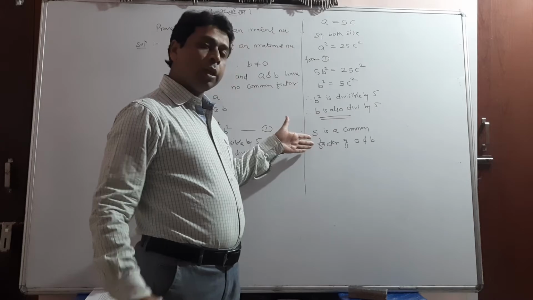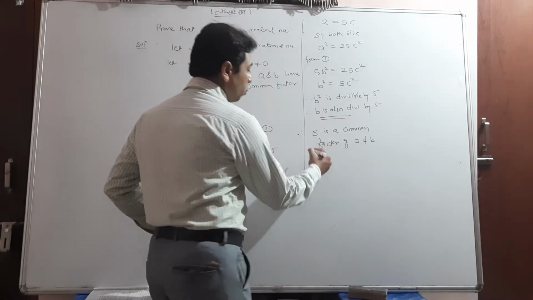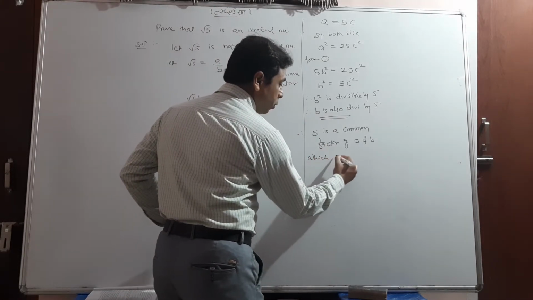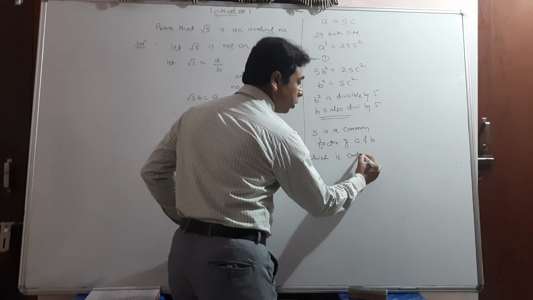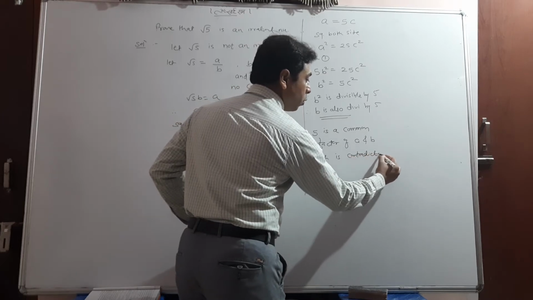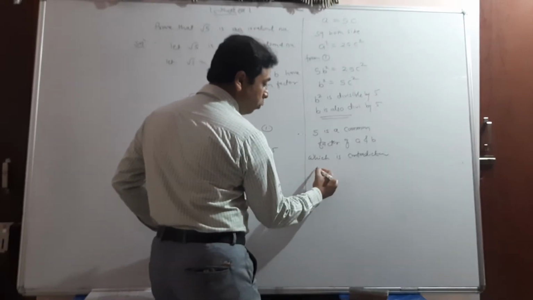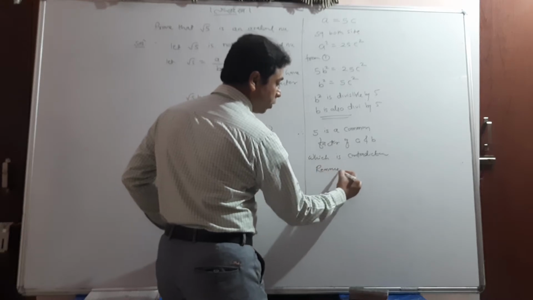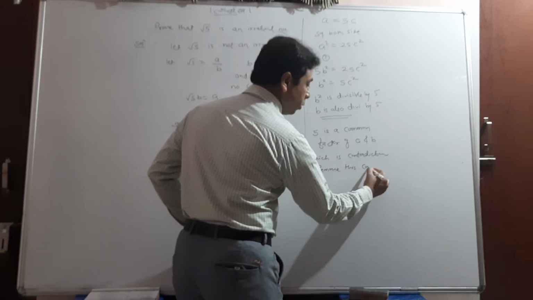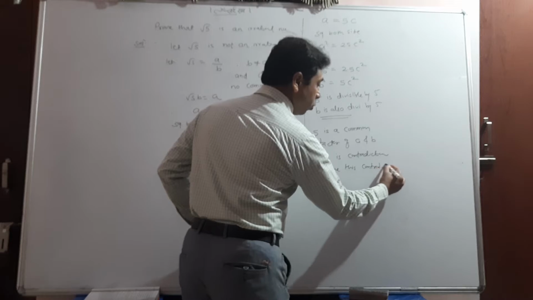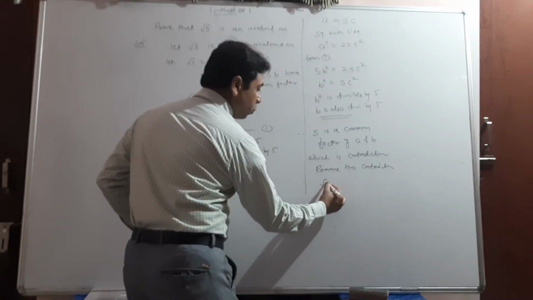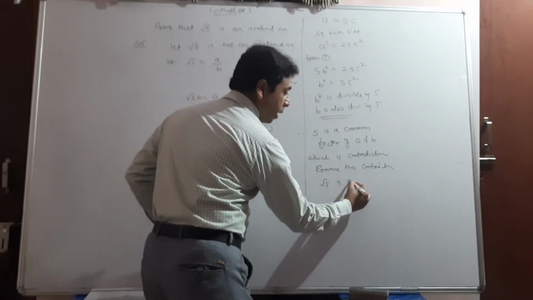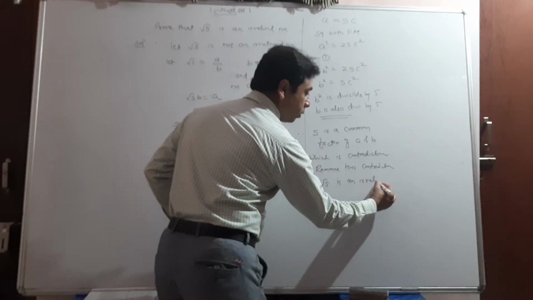The conclusion is actually wrong, which is contradiction of assumption. Remove this contradiction. What you will write lastly? Root 5 is an irrational number.